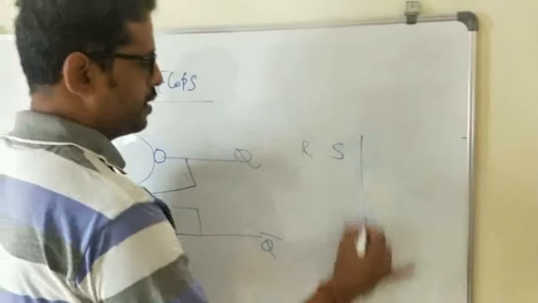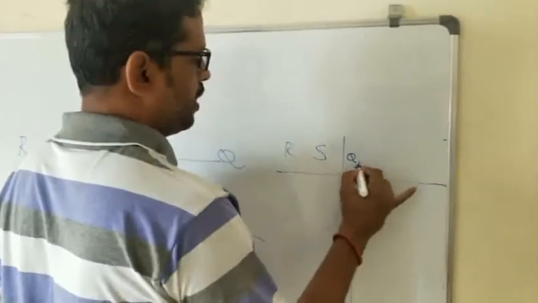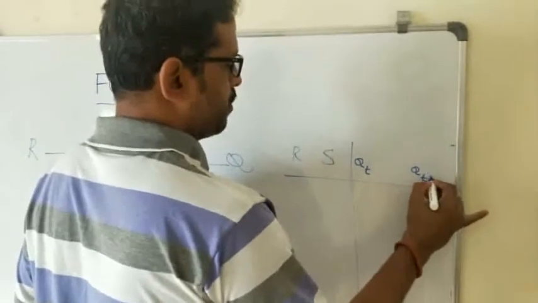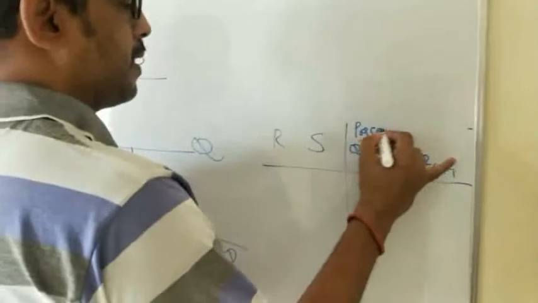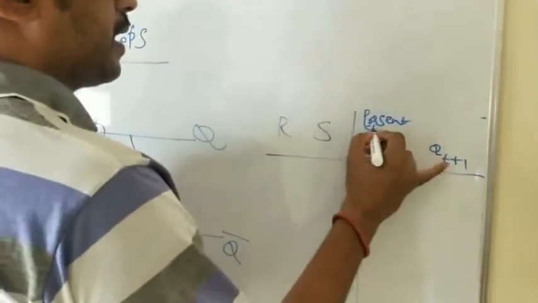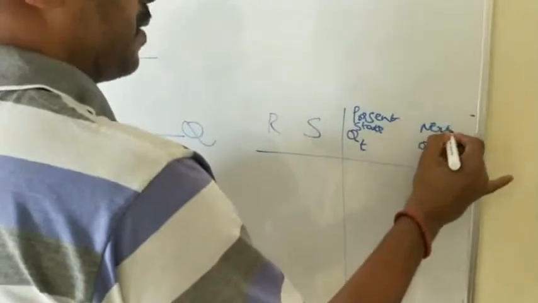The columns are R, S, Qt, Qt plus 1, which is nothing but the present state and next state.